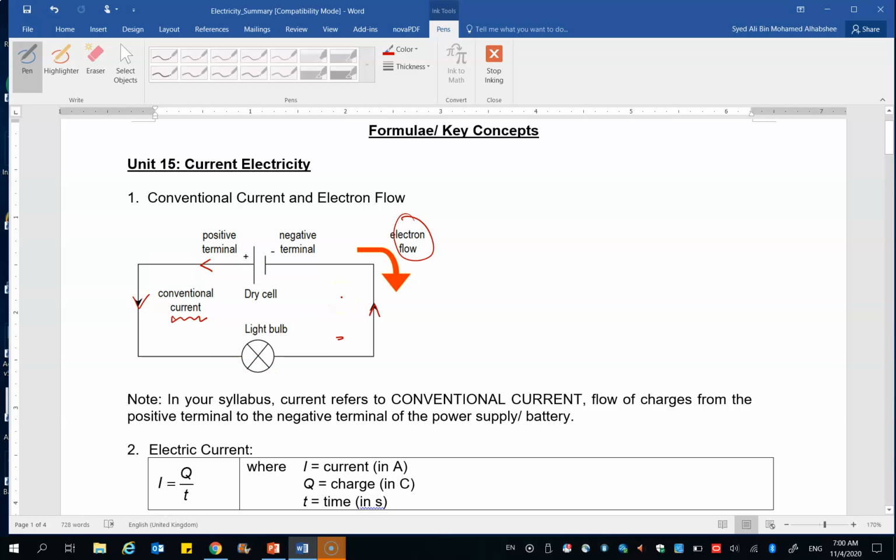Later on, people found out that current is actually due to the flow of electrons, and electrons actually flow from negative to positive. So if it's in your questions, when they ask for flow of current, be very careful. Are they asking for current or are they asking for flow of electrons?